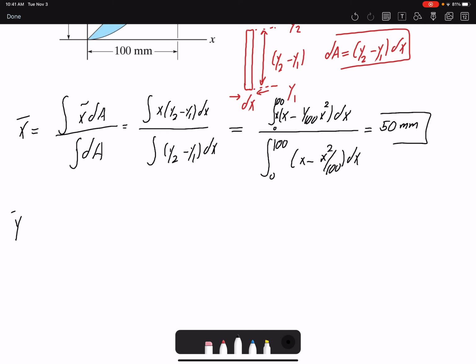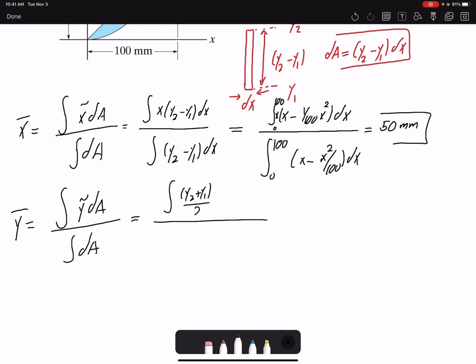The y bar would be integral of y tilde dA over integral of dA. Y tilde was y2 plus y1 divided by 2. dA is y2 minus y1 times dx. And the denominator dA is the same as what we found for x bar.